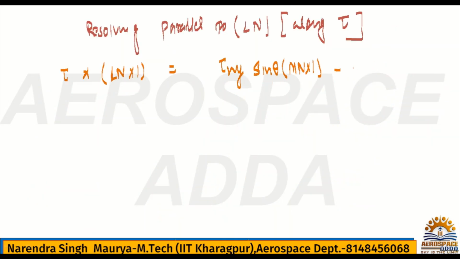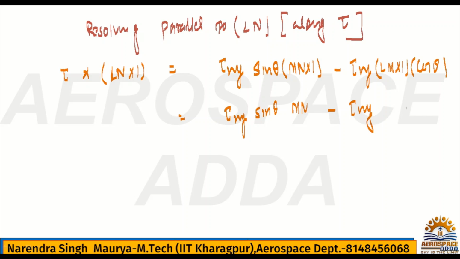And similarly, for this one, it is tau xy lm into 1 into cos theta. So finally what we will get? Tau xy sin theta mn minus tau xy cos theta lm, and this is nothing but tau times ln.